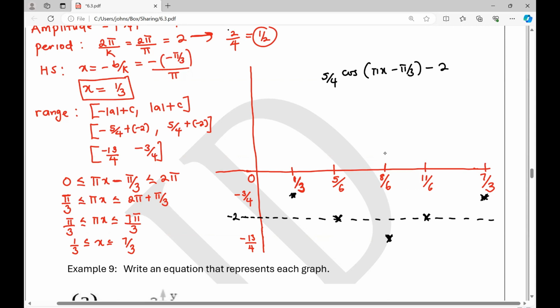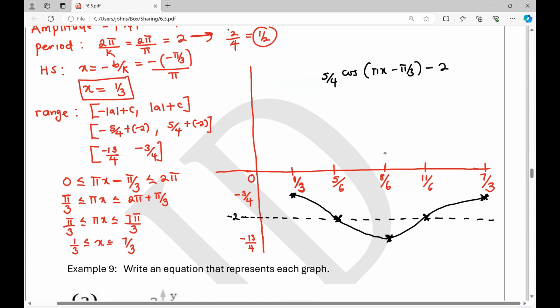So we will just have something like this. So this is the graph of 5 over 4 cosine of pi x minus pi over 3, minus 2. Okay? And just like we did before, you can take a test point to check if your graph is correct or not.